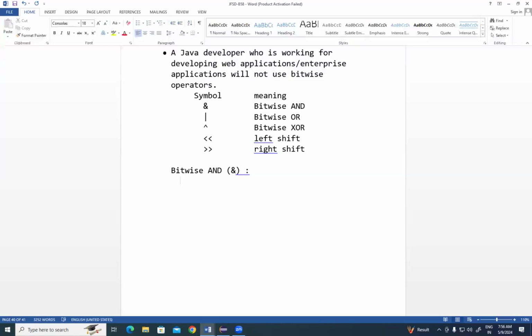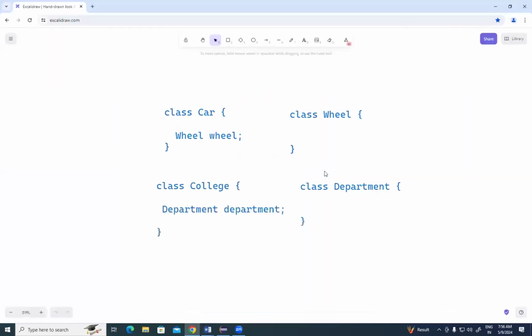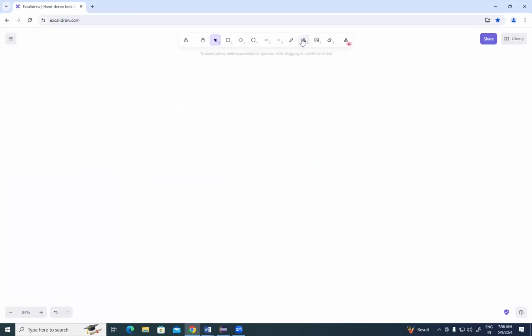So folks, try to understand the point I'm saying now. Suppose you have a number 10. How do we convert this value 10, which is in the decimal system, into the binary system?